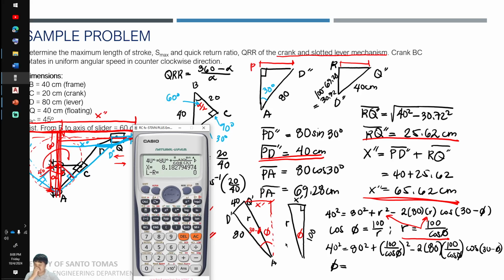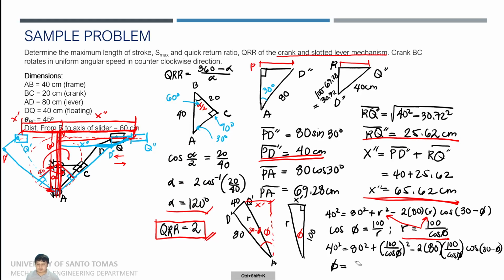So the answer should be 8.18, no? So 8.18 degrees is the angle.